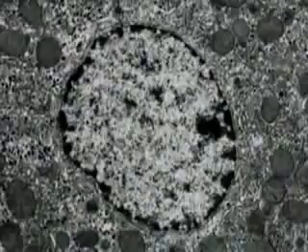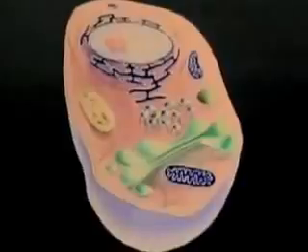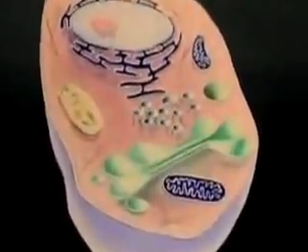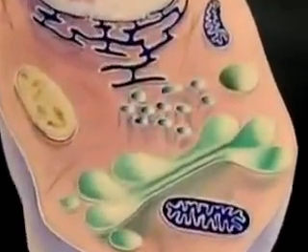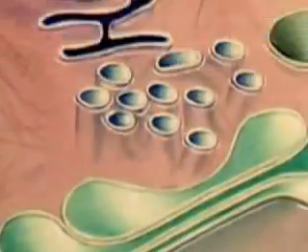Cells that produce large numbers of proteins have more rough ER than those that produce fewer proteins. In addition to providing a surface area for ribosomes, rough ER serves as a storage area for newly synthesized molecules. Another type, called smooth endoplasmic reticulum, has no ribosomes attached to its surface, and thus appears much smoother than rough ER.